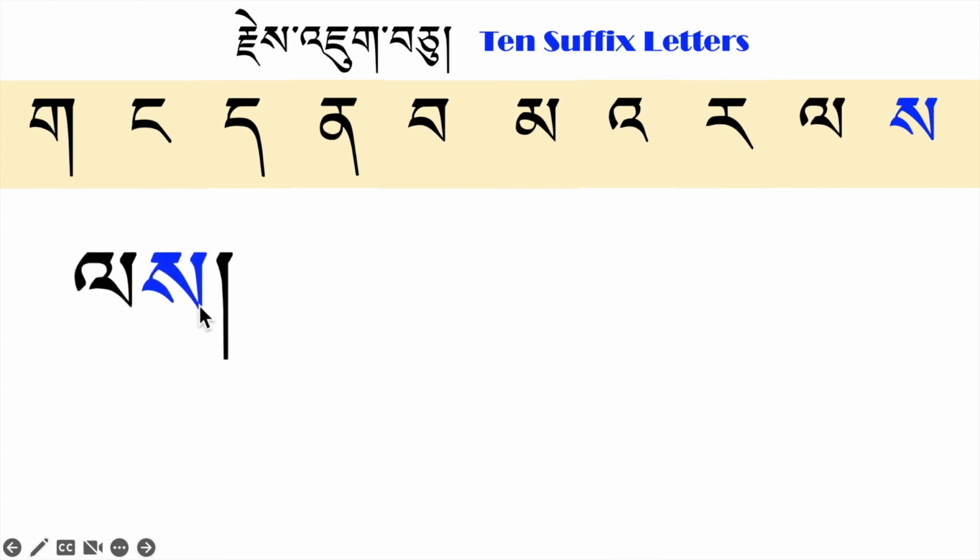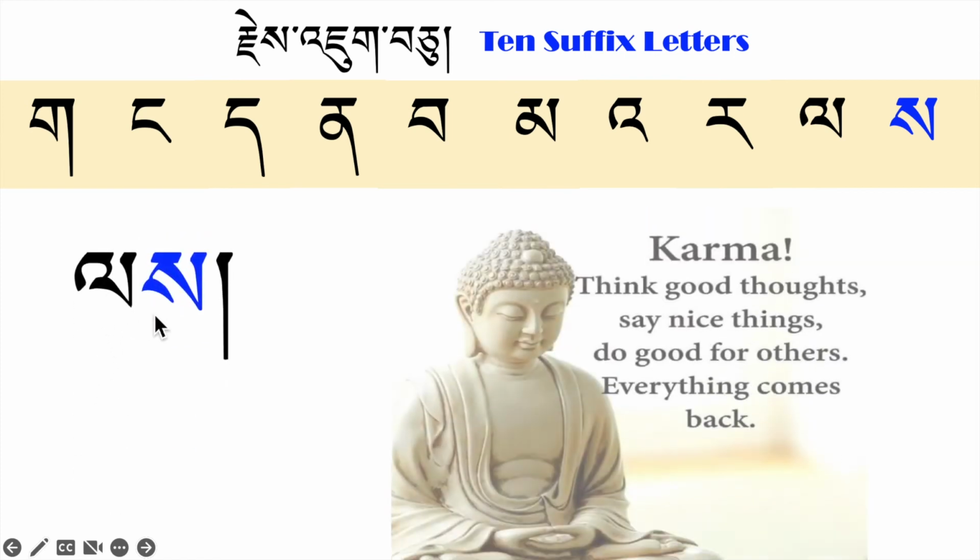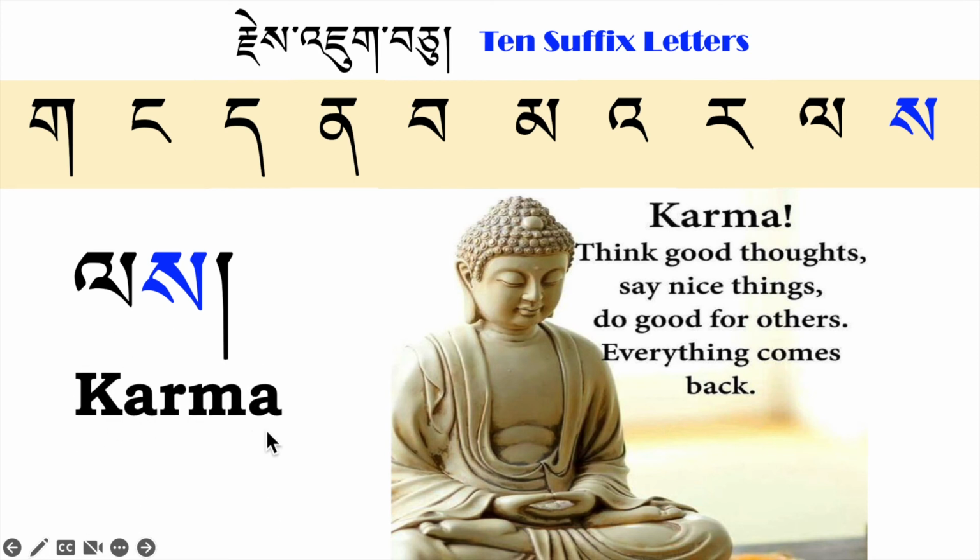Next, la, sa, le. Le meaning is karma. What is the meaning of karma or le? It means actions. For example, karma means thinking good thoughts, saying nice things, doing good for others. Everything comes back. If you think bad, say bad words, or do bad things to others, everything comes back bad.